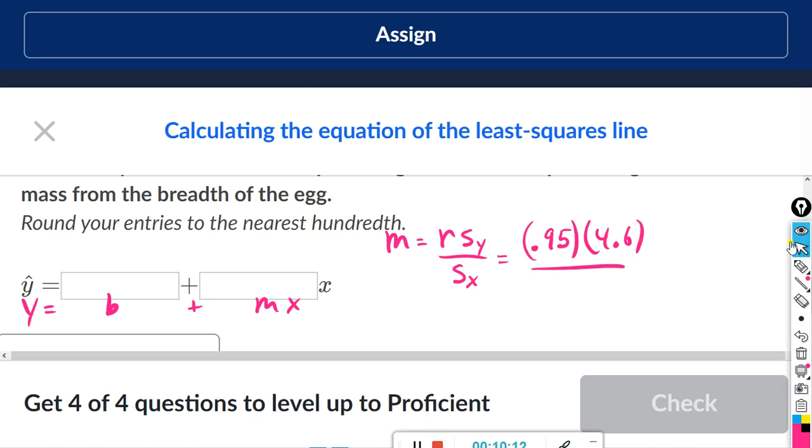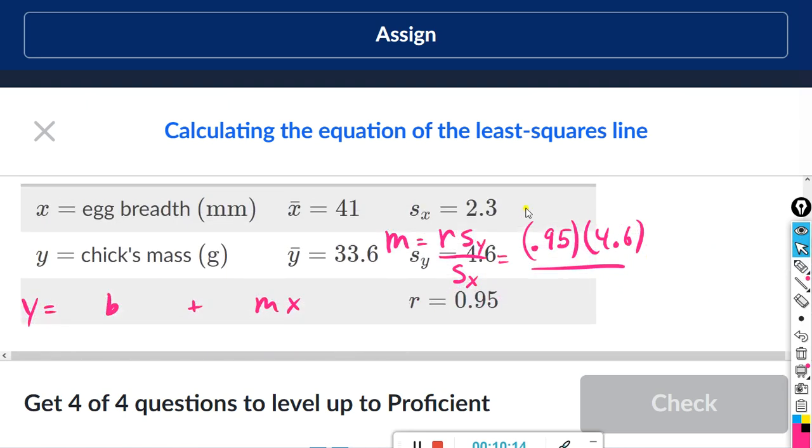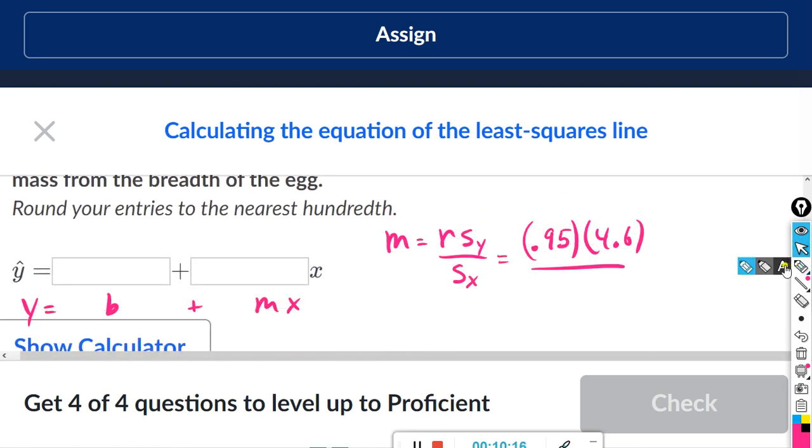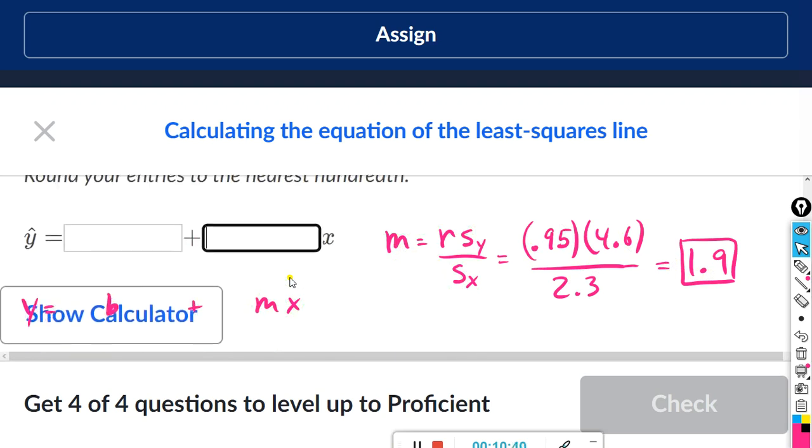And for sx, we have 2.3. So in place of sx, I did 2.3. Going to do this on the calculator. And I get 1.9. Okay, I did not round off. That's exactly what I got. That is our slope m. m is the number times x, so you enter 1.9 in the box next to the x.